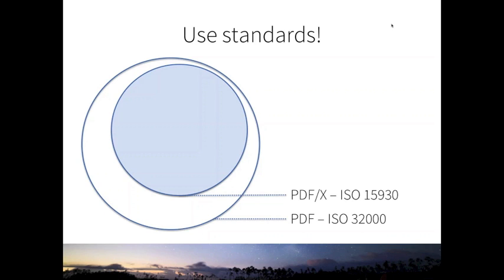It's simply not valid content for that particular type of use. And what happened is that the ISO committee also started making a number of standards based on PDF for particular environments, and PDF/X was the first of those standards.